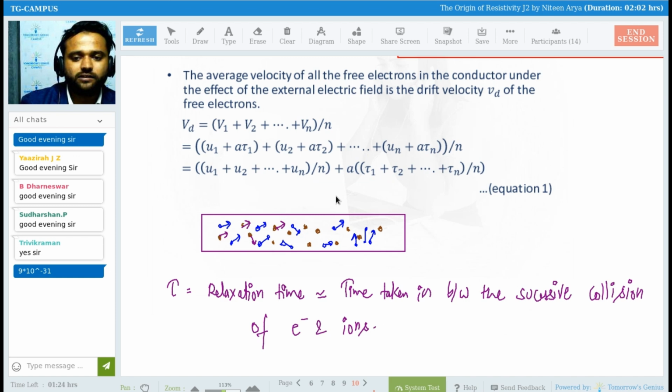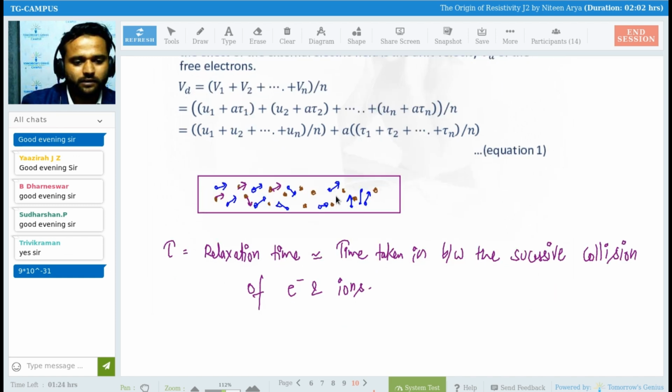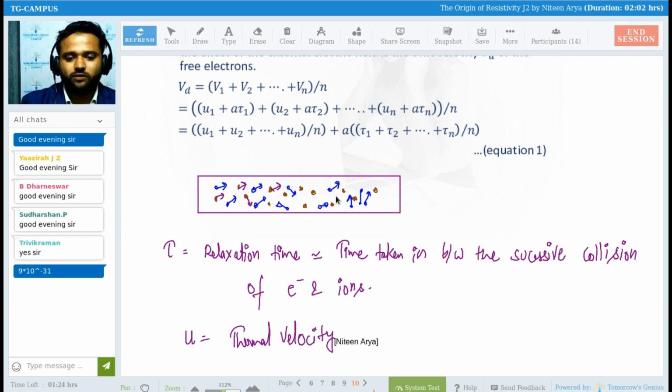Let me write here, this u is the thermal velocity of randomly moving electrons.